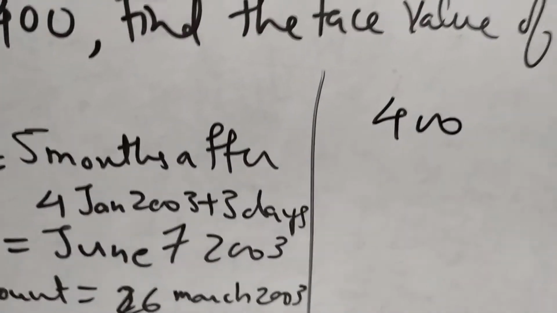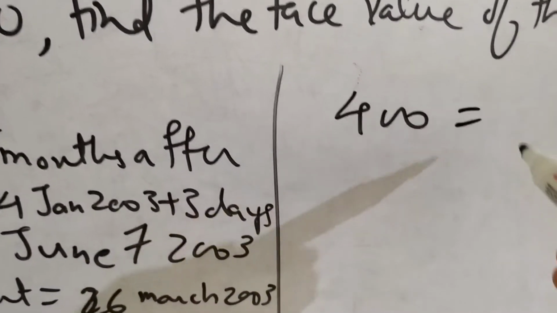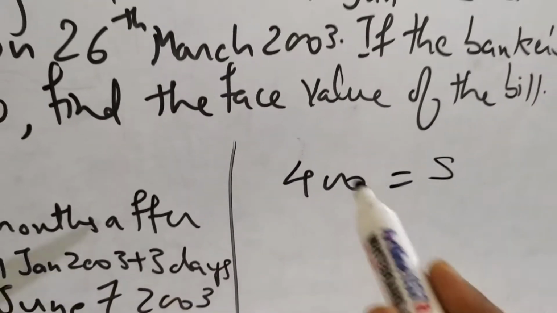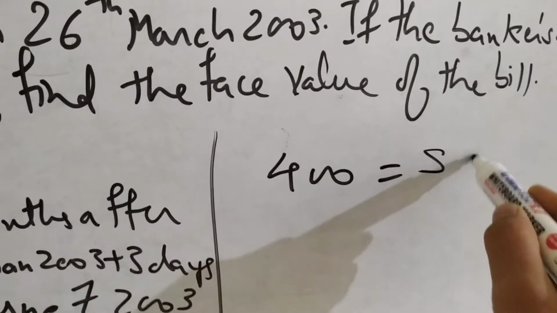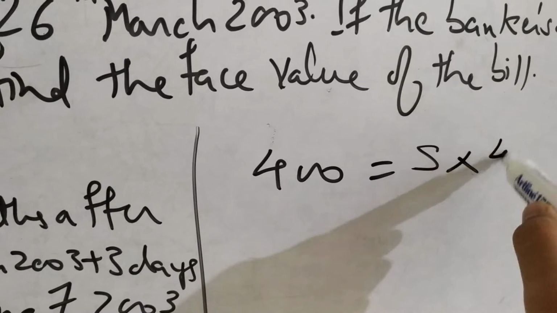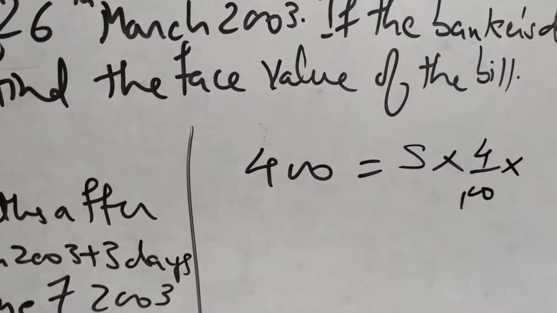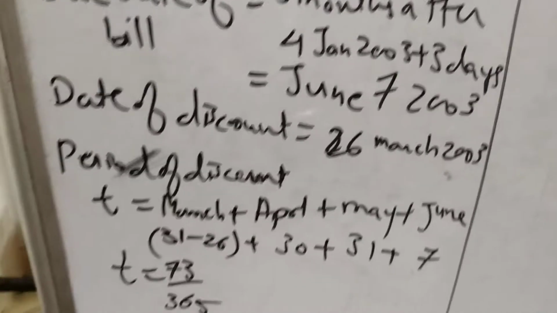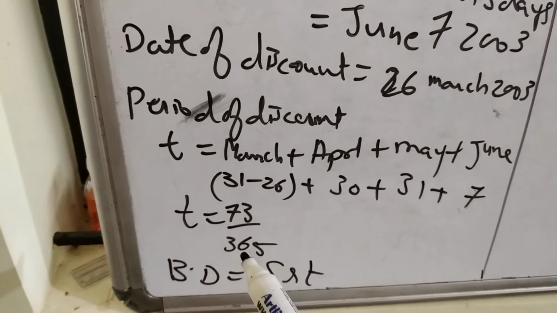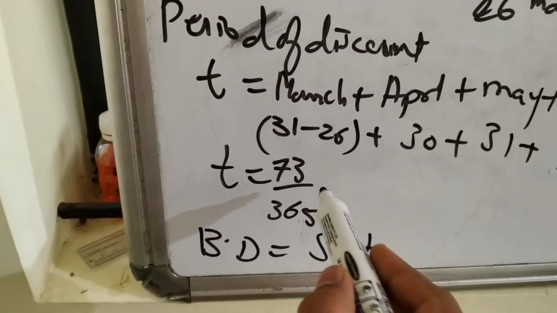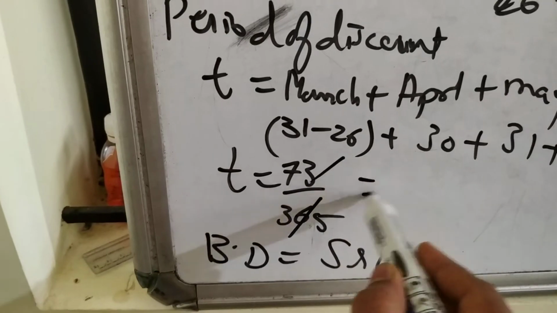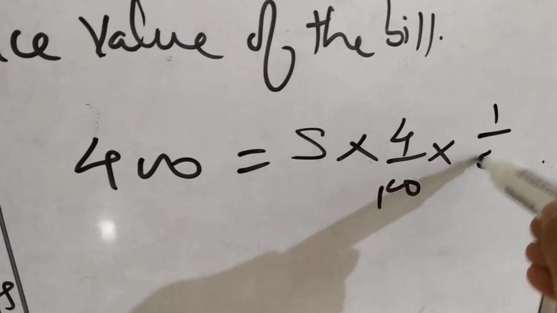So instead of BD, let us write 400 equals S, which we don't know and have to calculate, the face value of the bill, into the rate of interest 4%, that is 4 upon 100, into the time period we just calculated, that is 73 upon 365. We can cancel this fraction, and we get 1 by 5. So instead of T I can write 1 by 5.